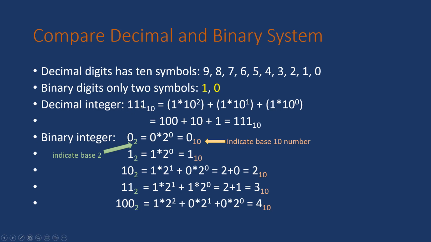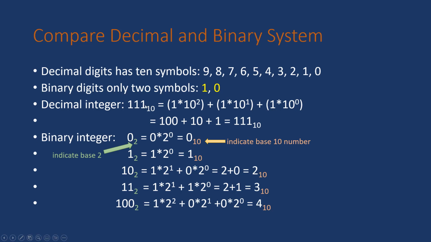Let's look at the last digit. The last digit is actually 1 multiplied by 10 to the power 0. Any number to the power 0 is 1, so that is 1.